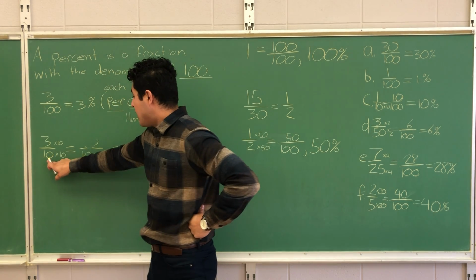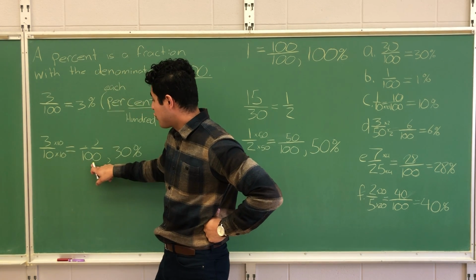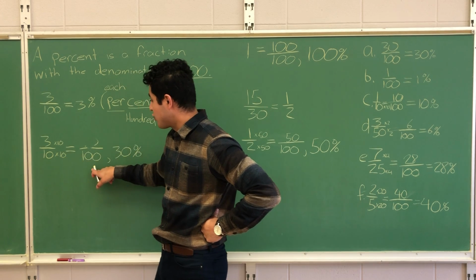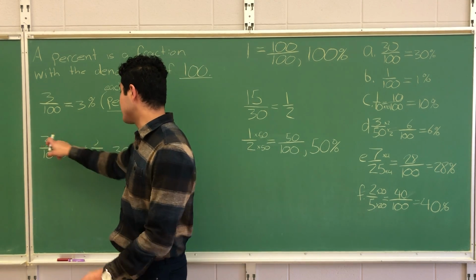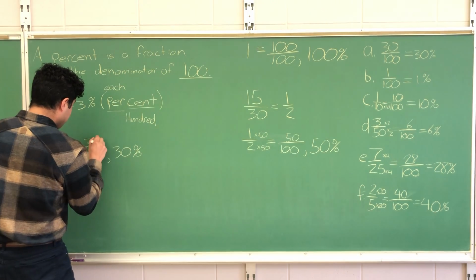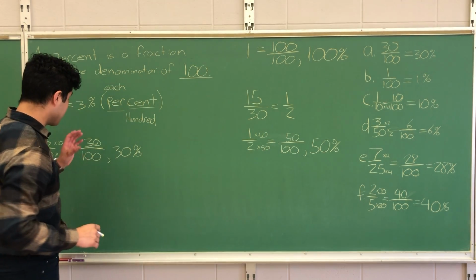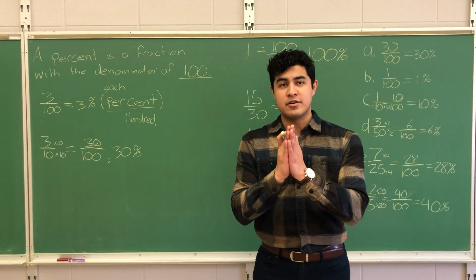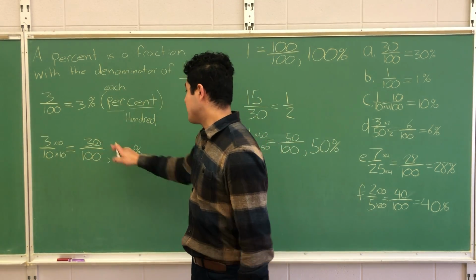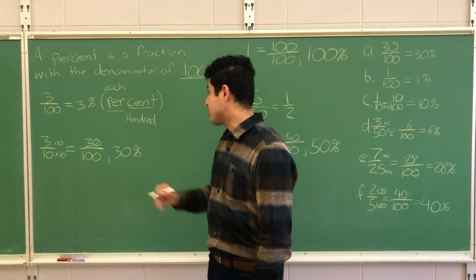So 10 times what equals 100? Well, we know that 10 times 10 equals 100, and whatever I do to the denominator, I can do to the numerator. So 3 times 10 equals 30. So now I have my fraction, okay? Remember we talked about a percentage being a fraction with a denominator of 100. Now my numerator can be turned into a percentage, 30%.